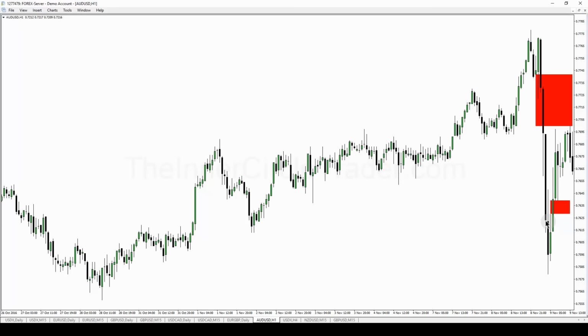We're going to focus primarily on the open of that candle. So we have mapped out both sides of the market's liquidity, and we can now build ideas about what we would reasonably expect to see price do.